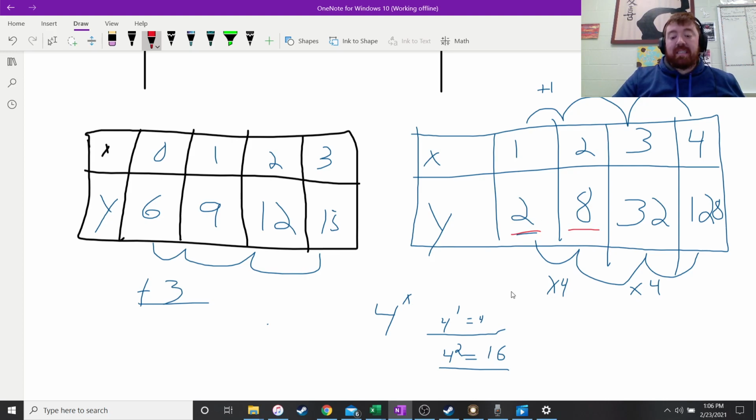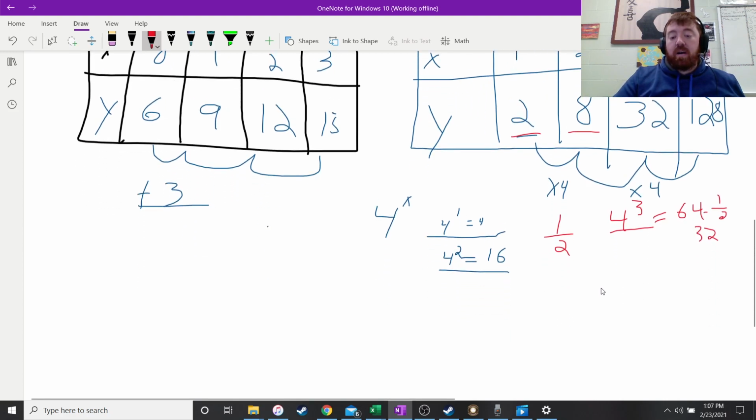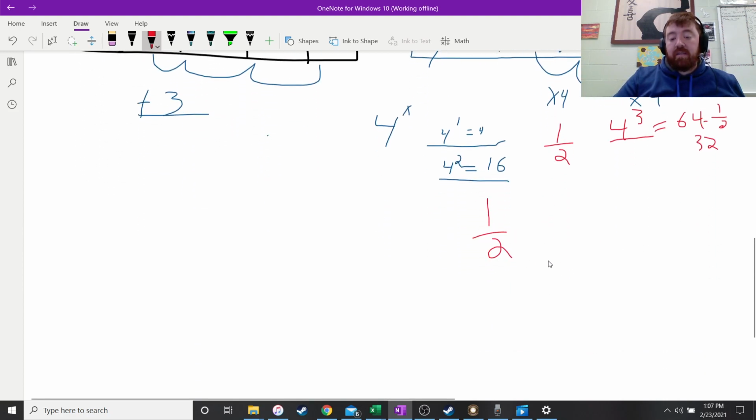And what can we multiply 16 by to get to 8? If we multiplied both by 1/2, then that would work. And if we did 4 to the third power, that's going to give us 64. Multiply that by 1/2, we get 32. So our equation here is going to be 1/2 times 4 to the x power.